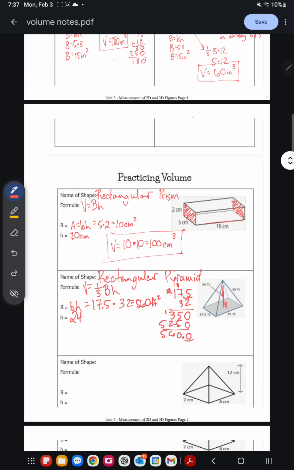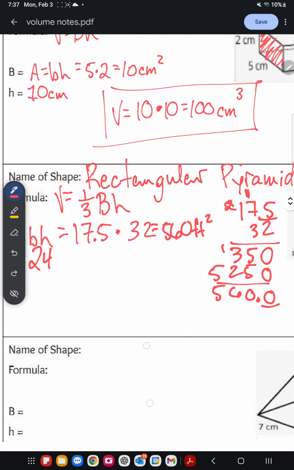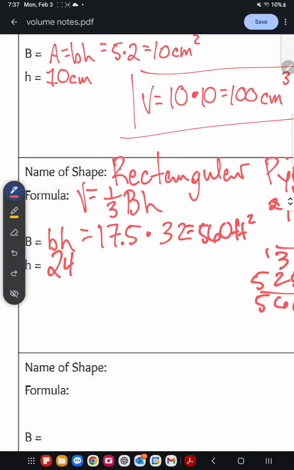So now we plug it in to our equation. Volume is equal to 1/3 times the area of the base, 560, times the height, which is 24.